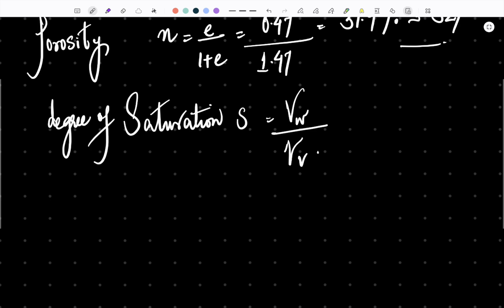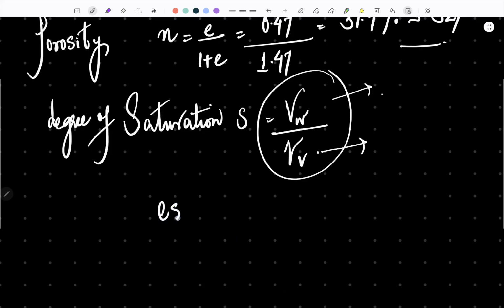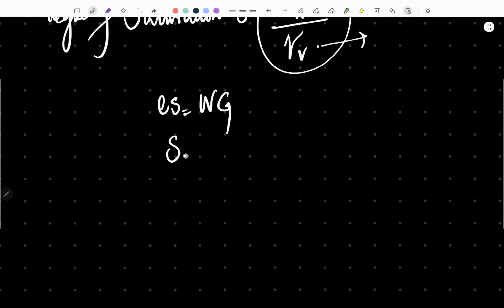All right, but here in this question we don't know the volume of water, neither do we know the volume of voids, so we'll be using an alternate equation to arrive at degree of saturation, that is S e is equal to w G. All right, so S is equal to w G divided by e. We know water content, that is how much? 15%.